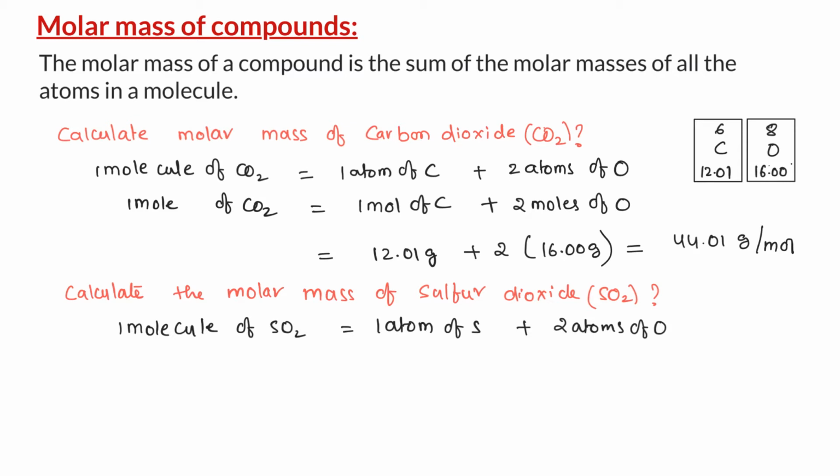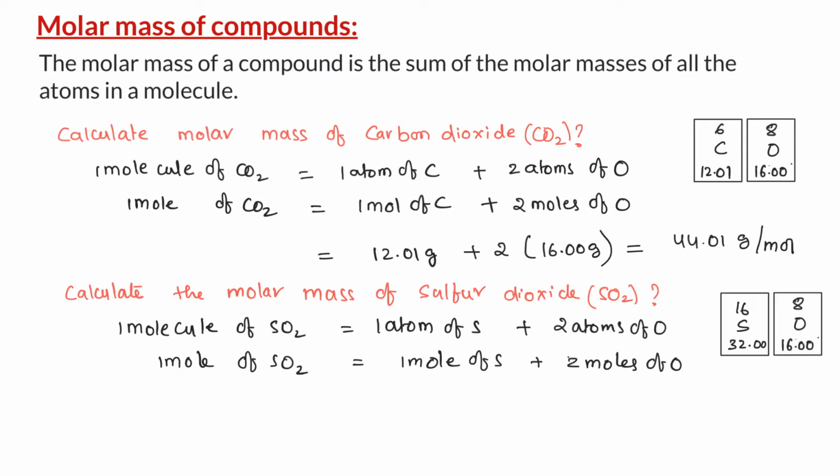One molecule of sulfur dioxide contains one atom of sulfur and two atoms of oxygen. Therefore, 1 mole of SO2 molecules contains 1 mole of sulfur atoms and 2 moles of oxygen atoms. 1 mole of sulfur atoms weighs 32.00 grams, which is equal to the molar mass of sulfur atoms, and 2 moles of oxygen atoms weigh 2 times 16.00 grams, which is the molar mass of oxygen atoms.